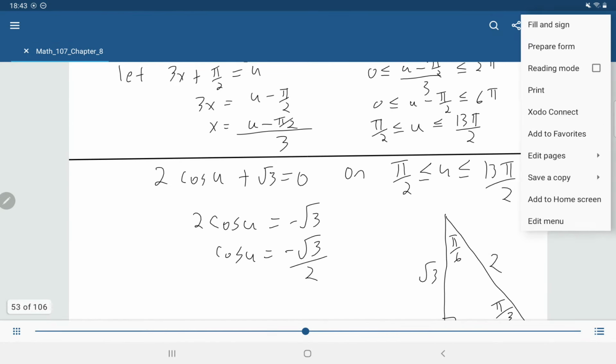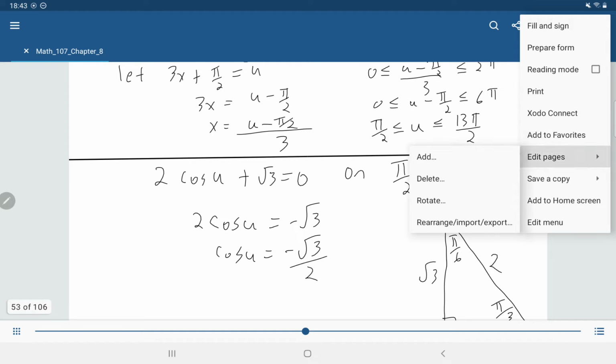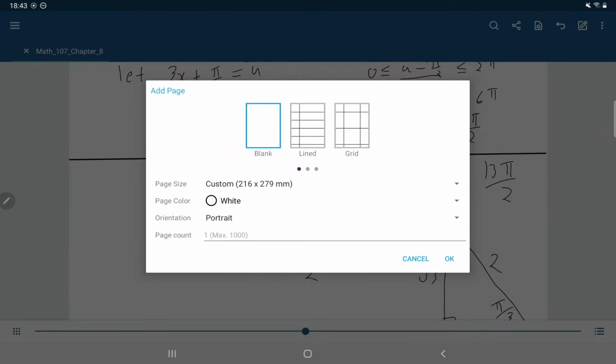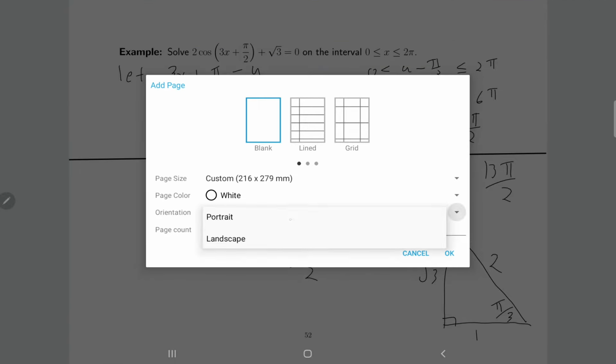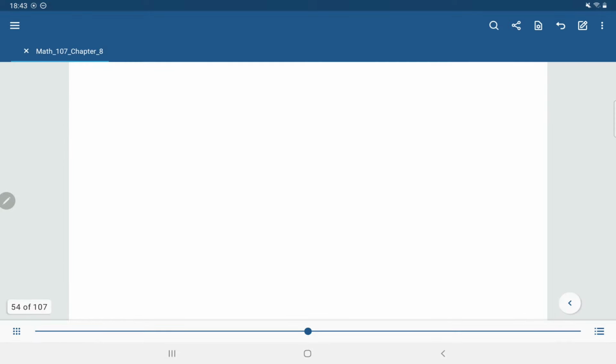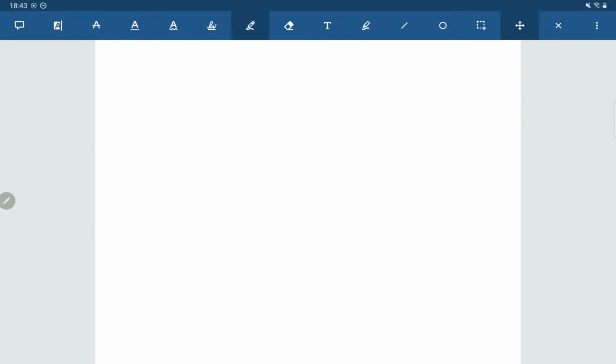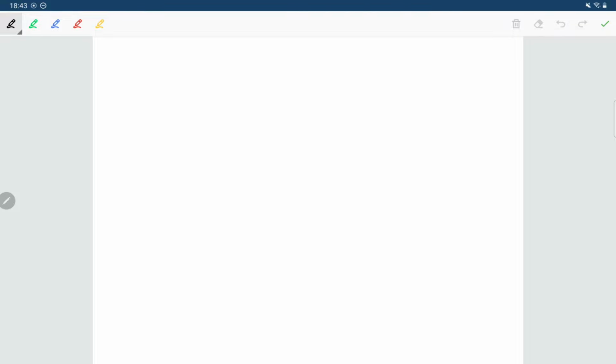So what we're going to need to do then is to think about where are all the places where cosine is negative, and then we're also going to have to think about through the interval of solutions that it's not just going to be from 0 to 2 pi, but rather we're going to be looking for the solutions from pi over 2 to 13 pi over 2. So I'll start with this.